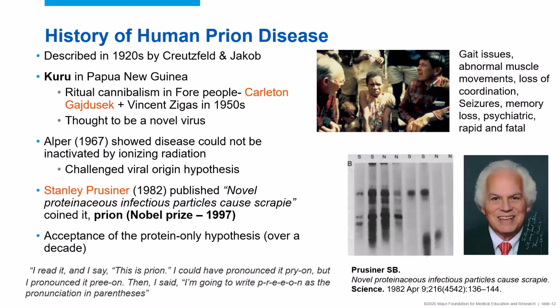He went on to win a Nobel Prize for this work in 1997. Eventually, his paper in 1982 was still met with a lot of skepticism about this protein-only hypothesis, and it really took over a decade before people accepted these findings. But at this point, we know this to be the truth.